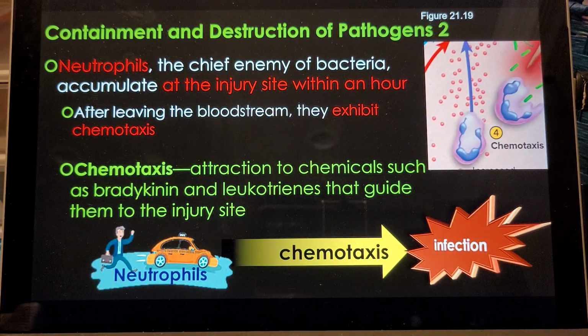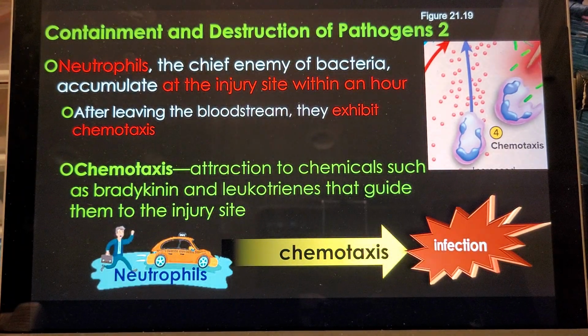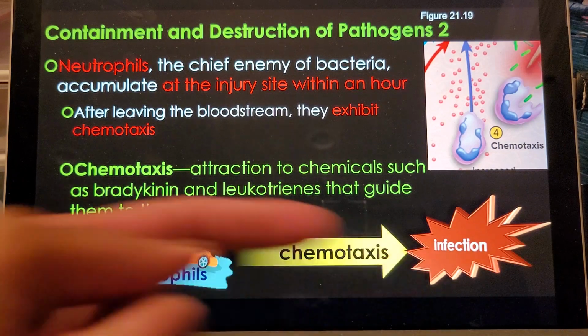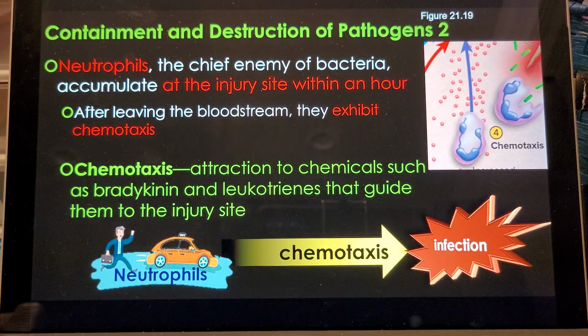There's the neutrophils. Okay, so neutrophils, how are they guided to the injury site? Due to the chemotaxis, so they are led by an increasing concentration of chemicals released by the injured tissue that's going to attract those neutrophils to the infection site.